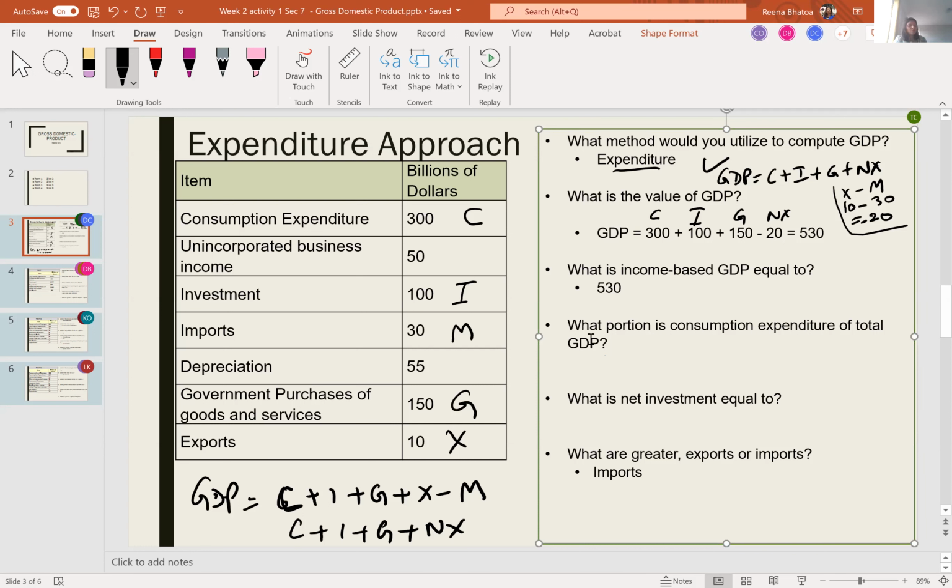Now, what portion of total GDP is the consumption expenditure? Remember percentage calculation? Can anyone say how we would do this? Any idea?